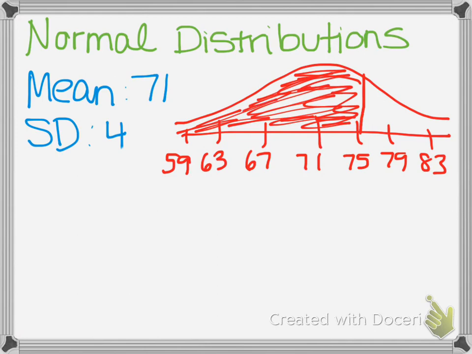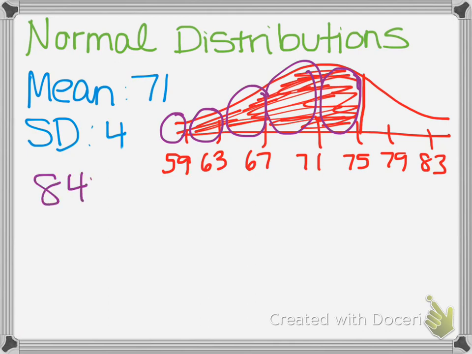So, using the empirical rule, if I just chunked everything, then this is 34%, this is 34, this is 13.5, this is 2.4, and this is 0.1. So that is what we are adding together. And when we do that, we get 84%. So 84% of the data is less than 75.